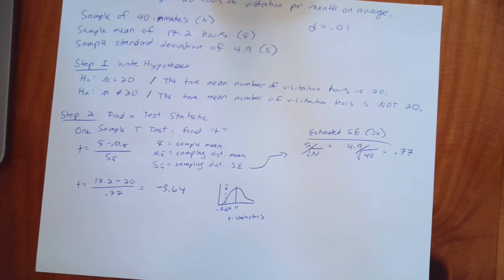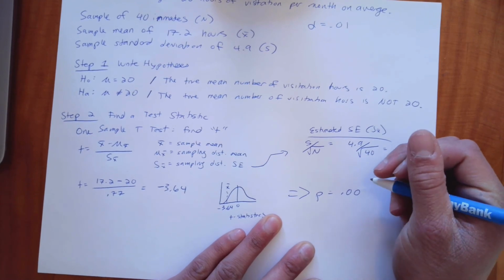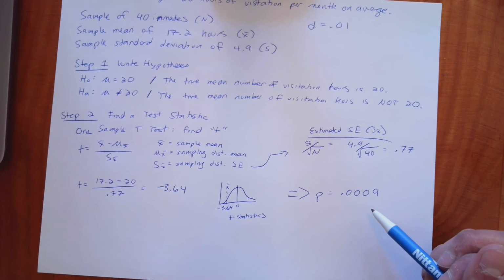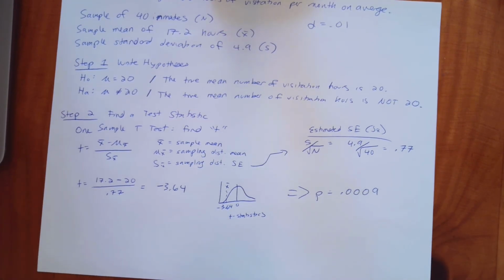With a sample mean of 17.2, a hypothetical sampling distribution mean of 20, and a standard error that we just calculated, 0.77, we get a p-value of 0.0009 for our test statistic that we have here.